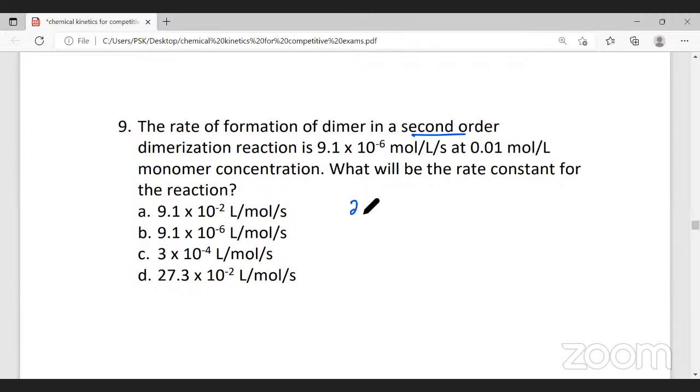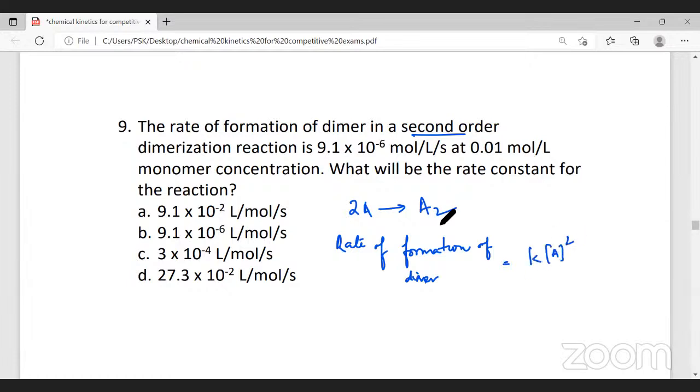So 2 molecules will react to give a dimer, A2. What will be the rate of formation of a dimer? The rate of formation of a dimer will be equal to K into A to the power, the coefficient has to be raised as the power.